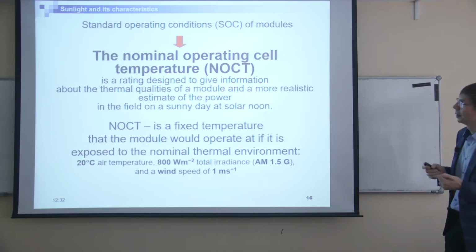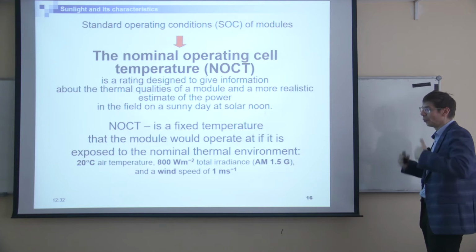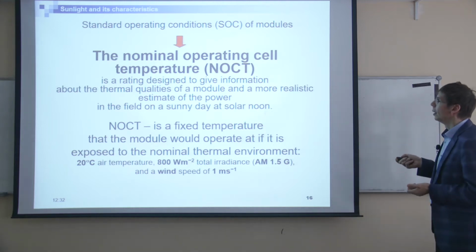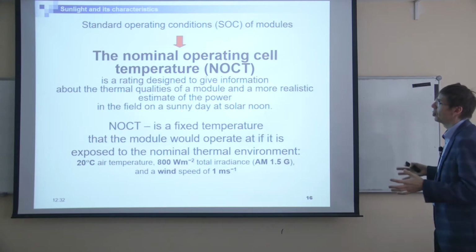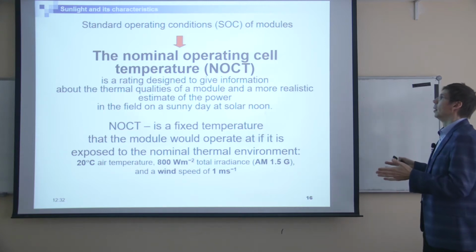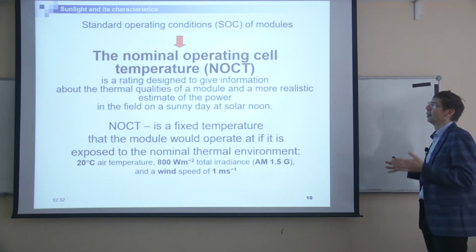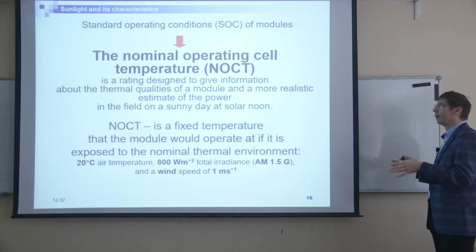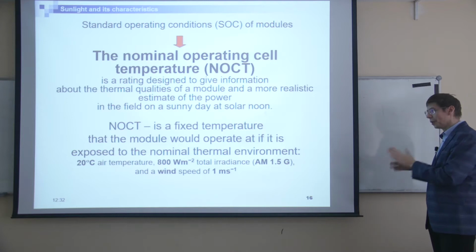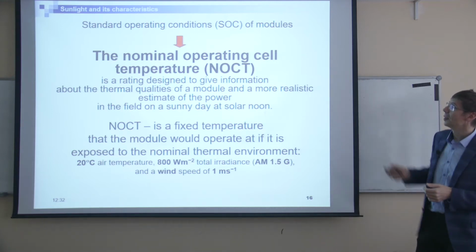Actually, it's a parameter which can characterize the properties of the module. It's some kind of temperature of the solar cell which would be achieved for the cell, I mean the solar cell which is already encapsulated in the module, when the module is placed in some standard operating condition.